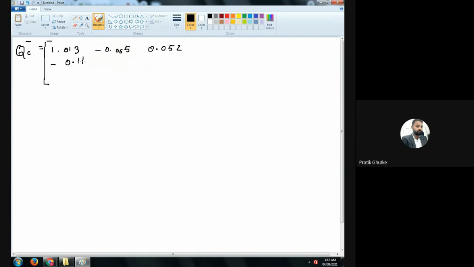Second row minus 0.11, and so on, then 0.142, minus 0.03, and last row 0.02, 0.02, minus 0.004.